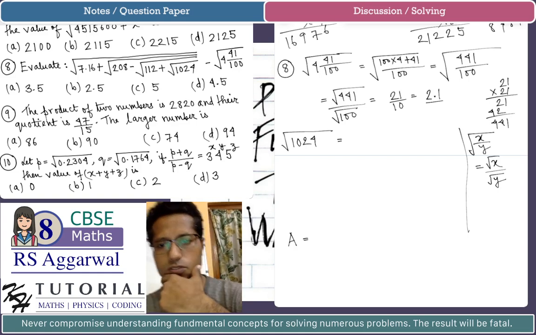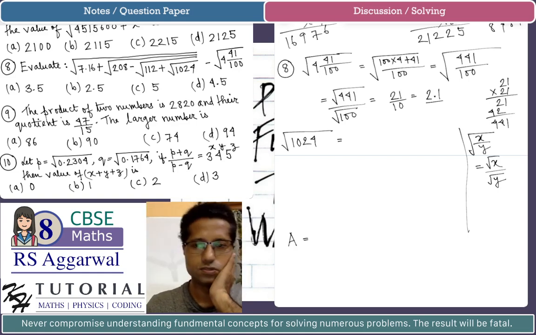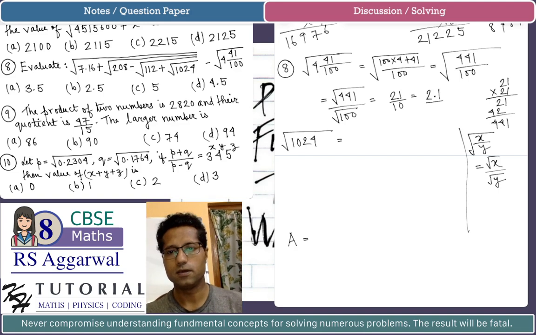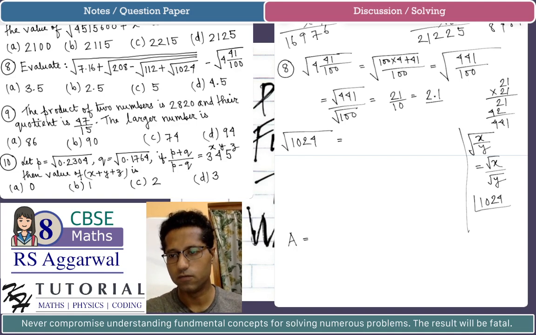This is 1024. Even though this is a very standard number, you should always know the square root of 1024. Anyway, if I do factorization, if I straight away divide by 4, I have 256, and again 64.